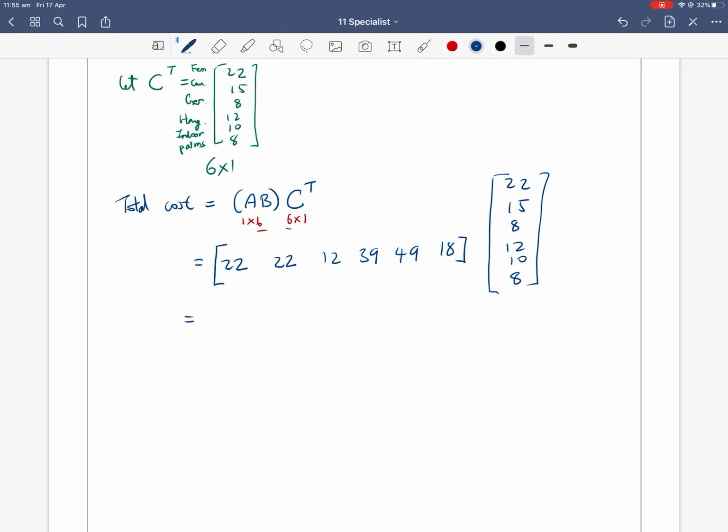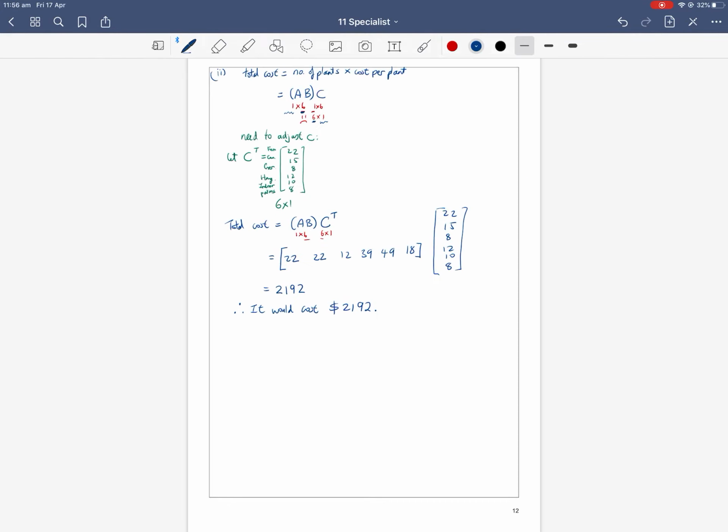So using a graphics calculator or just multiplying out in your brain, that should get you 2192. So, sentence conclusion: therefore it would cost $2192 in total.